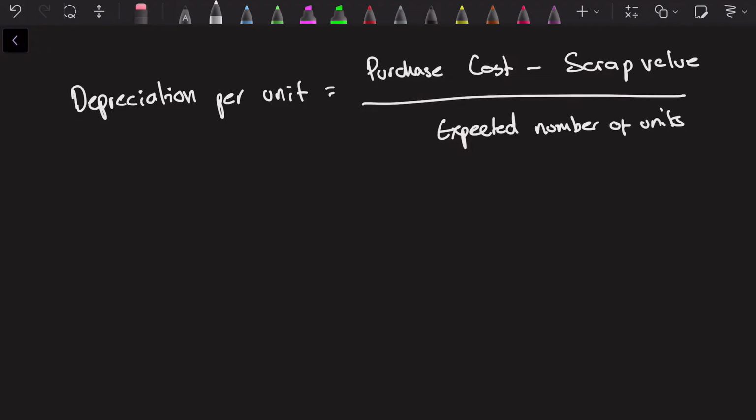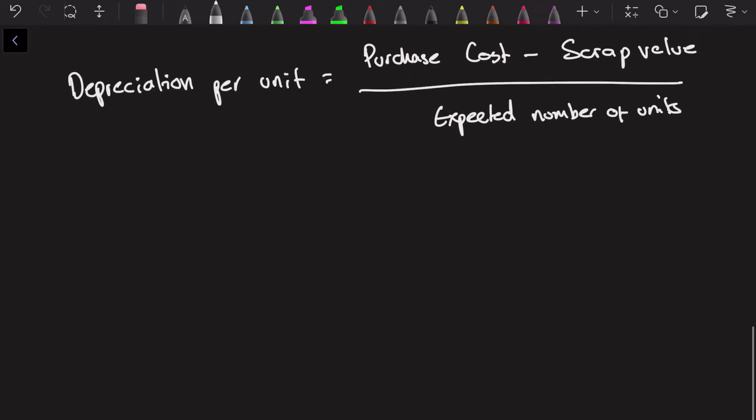Now units can be units in the context of the object you're looking at. So if it's a photocopier, units is probably the amount of pieces of paper photocopied. If it's a machine that mills wheat or something like that, maybe it's hours running.